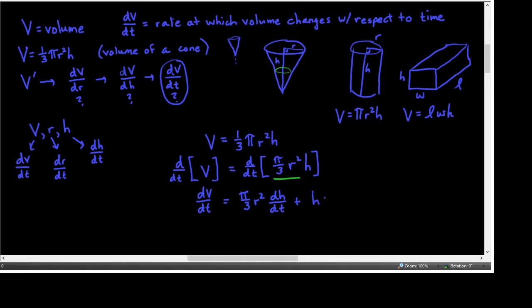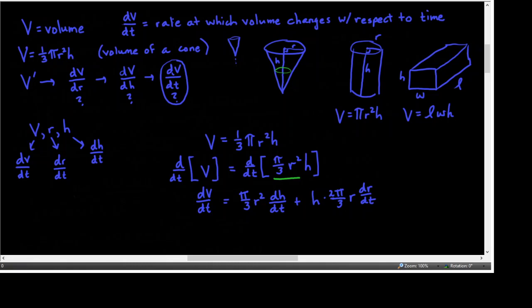The derivative of a constant times something is that constant times the derivative of that something. The derivative of something squared is 2 times that something to the first, times the derivative of that inside something, which is r, with respect to t.